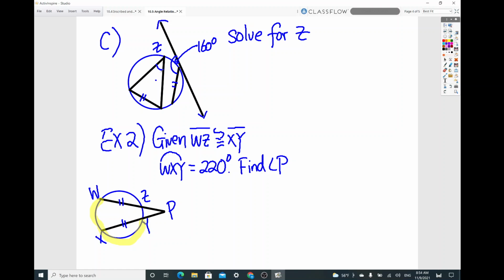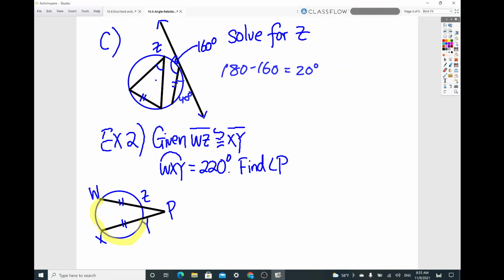So in order to come up with that, let's get the corresponding arc here. This one is 160, so this angle here is 180 minus 160, which is 20 degrees. The measure of the intercepted arc is always twice as much as the corresponding angle, so this one would be 40.